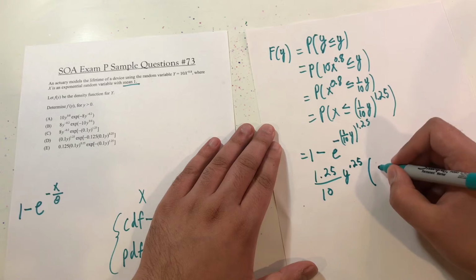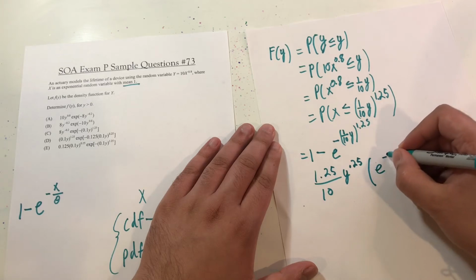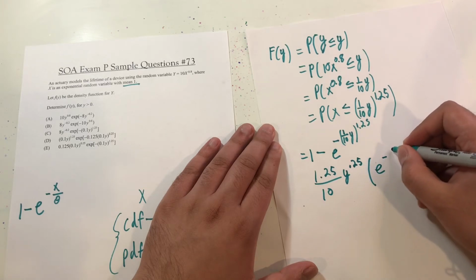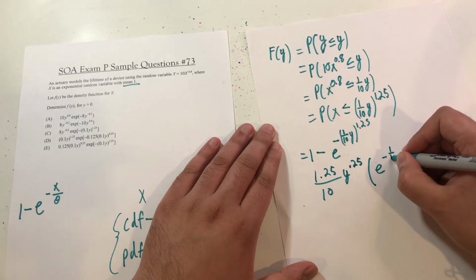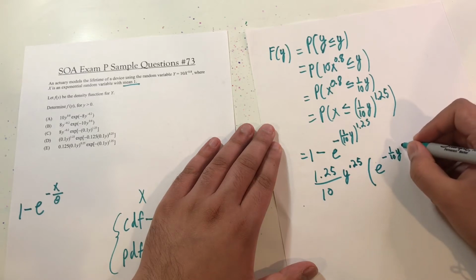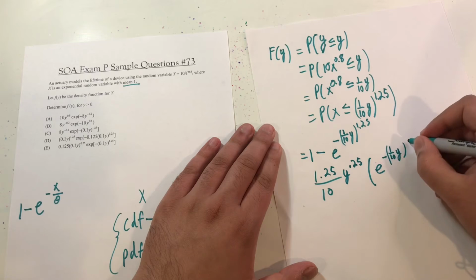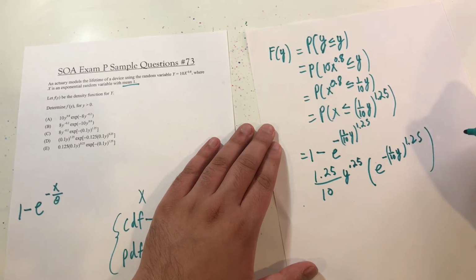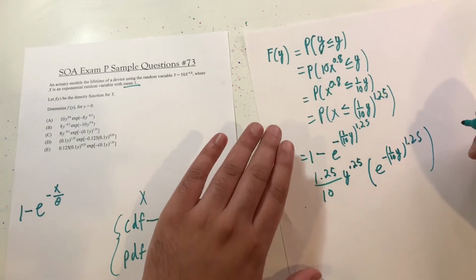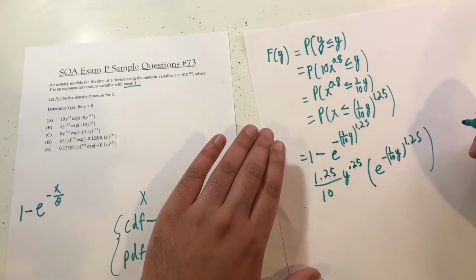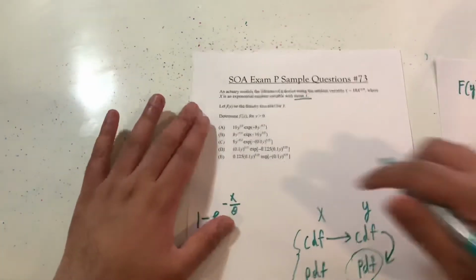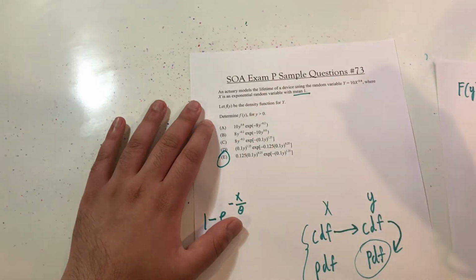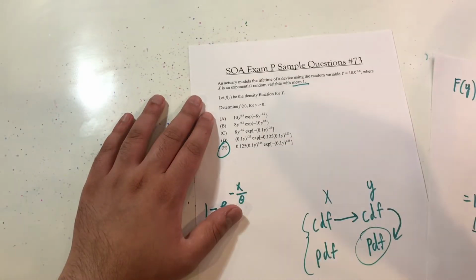Multiplied by, and then the same thing, e to the negative 1 over 10 y to the 1.25. And that should be the PDF, which lines up with answer choice E, right here. Okay, this 1 over 10 is clearly the 0.1 written there.